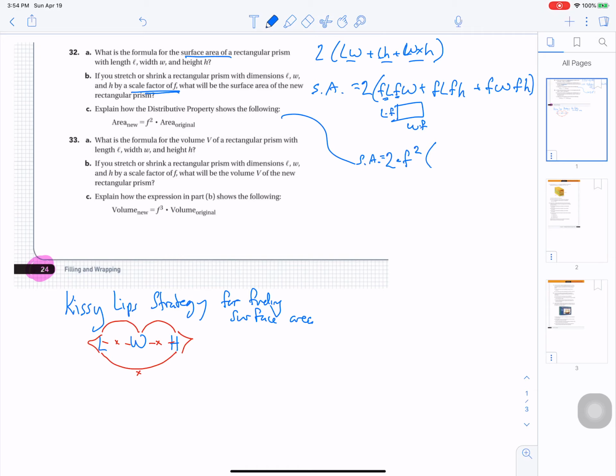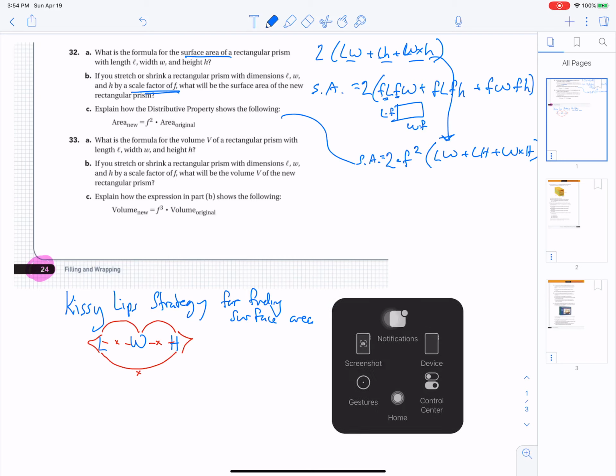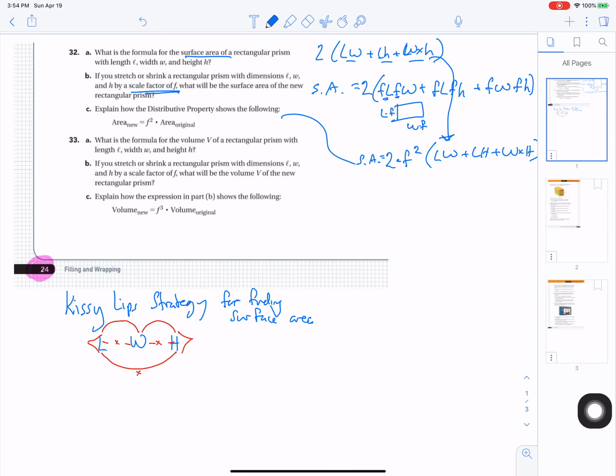Then we can place the original formula in there: length times width plus length times height plus width times height. In this case, we've basically multiplied that scale factor by 2. We're doubling that whole thing and then putting the rest of that in.